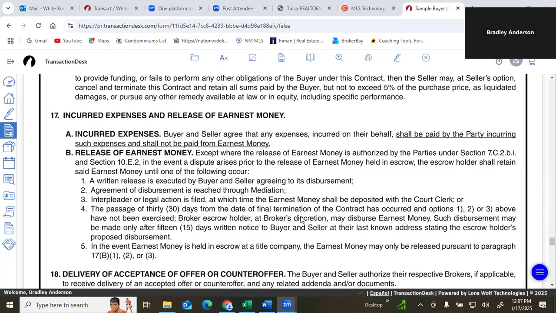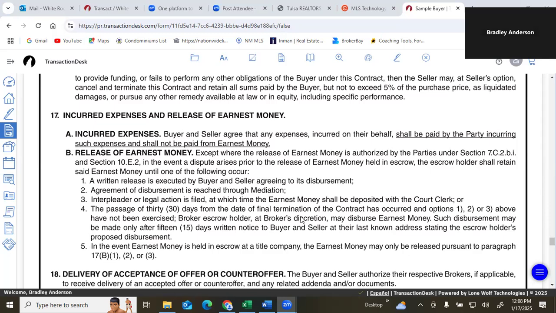So let me just stop. Unless it's explicitly described in anything above paragraph 17 as to how the earnest money gets dispersed if something happens, well, this is what happens. Right? Paragraph 7B. So unless it's not mutually dispersed otherwise, in other words, there's an argument, this is what happens.